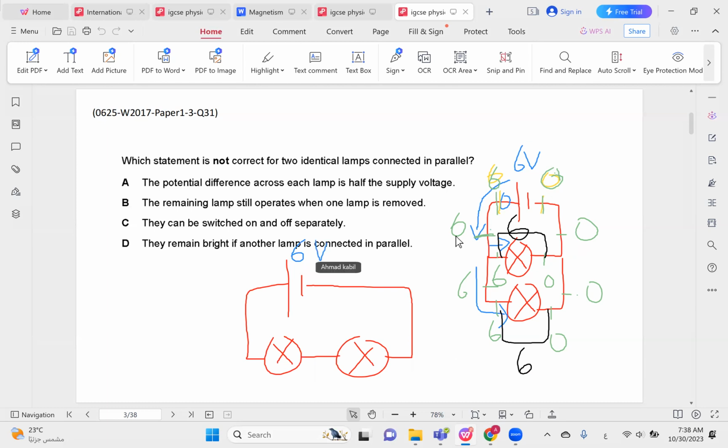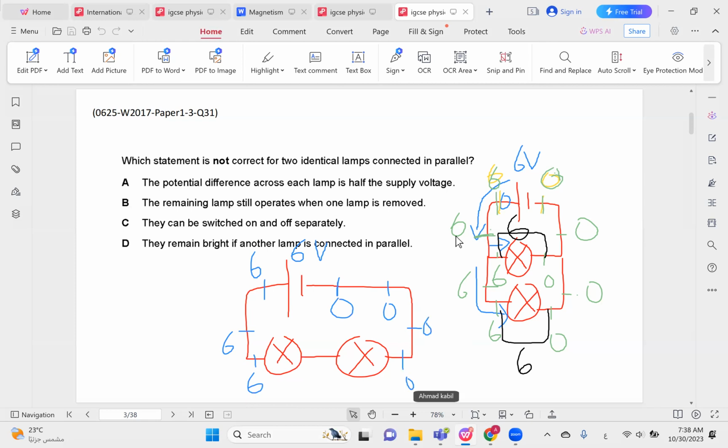So we should know that the voltage here must be 0 and the voltage here must be 6, because the coulomb goes into the battery empty-handed, without voltage at all, and then leaves the battery with the 6 volts that it supplies. And like we said, we assume that the wires do not consume any voltage. So this is 6 and this is 6. Here would be 0, here would be 0 as well, and here would be 0 as well.